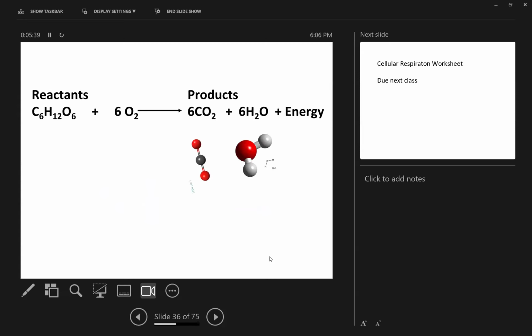So that's all you need: 1 glucose molecule and 6 oxygen gases. You rearrange it, you don't add anything else to it, and you end up with 6 CO2s and 6 waters. Okay, so that's what our body does for us. And every time it breaks a bond, it releases energy.